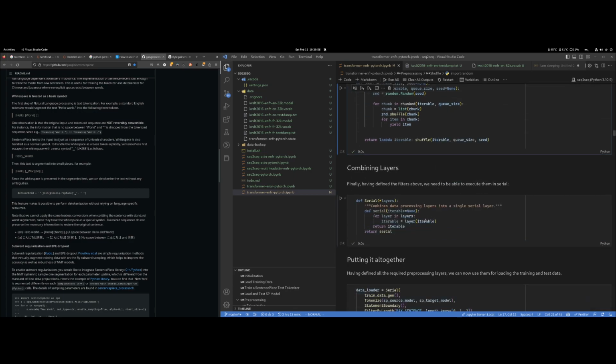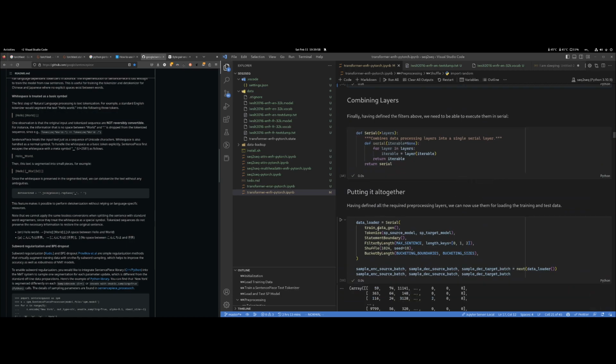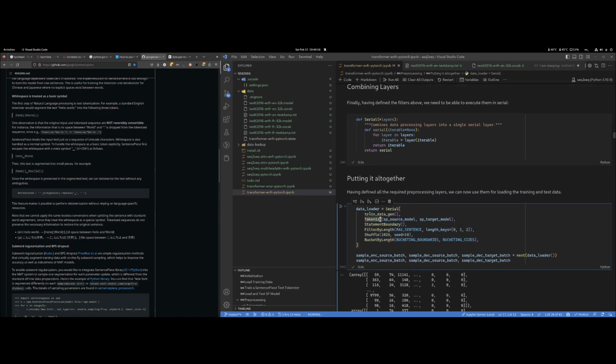And now the last thing that you see here is that we are combining all the pre-processing layers together in one layer that takes the training data, so text, and gives you a PyTorch array. This summarizes what I have been talking about. You can see that we take the training data as text, and then it goes through multiple steps.